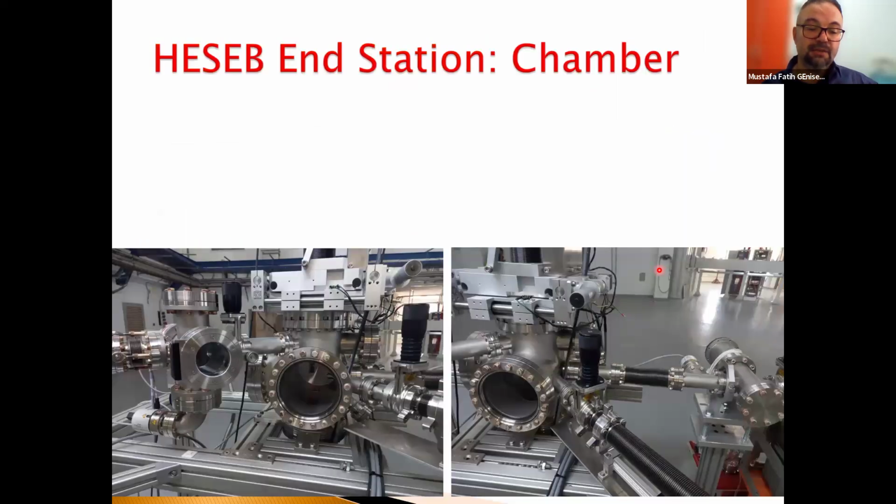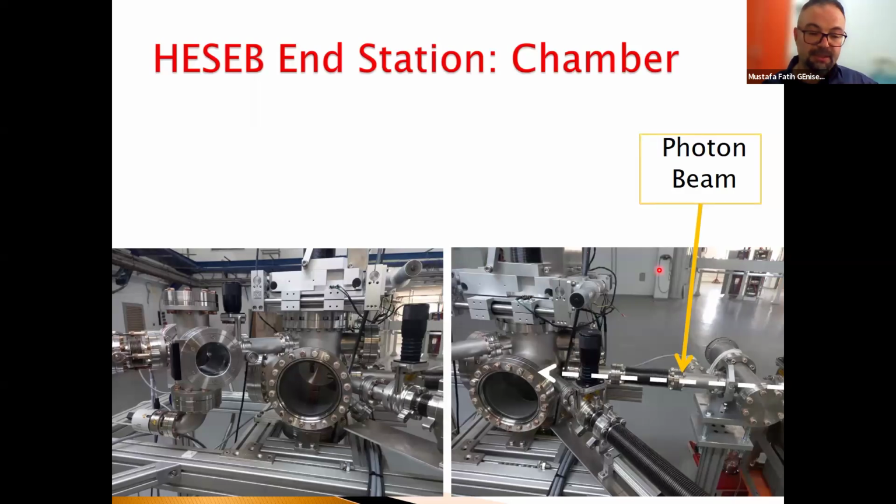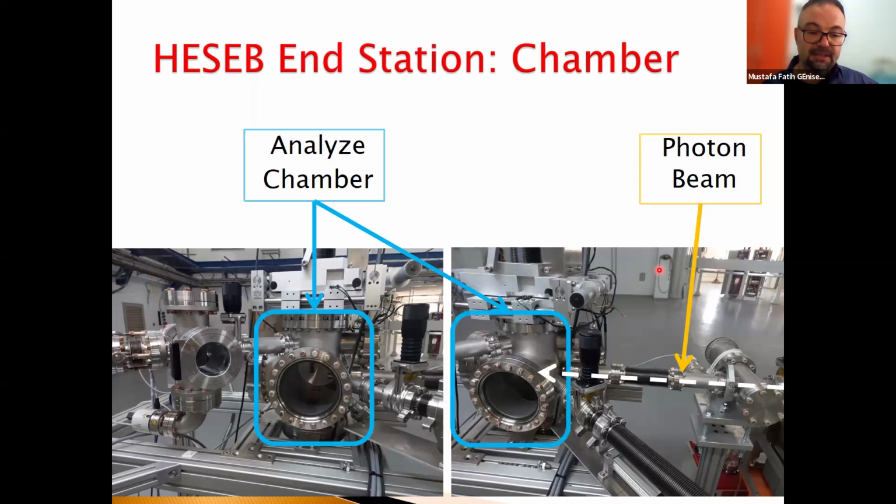Here is another view of the end station chamber. On the right, you see the beam path. The photon beam is coming from here. They show the same thing, but the angle is different. And here is the analysis chamber, and we have a load lock. We are working in an ultra-high vacuum environment, so for every sample I cannot open the analysis chamber to air. It would take some time.